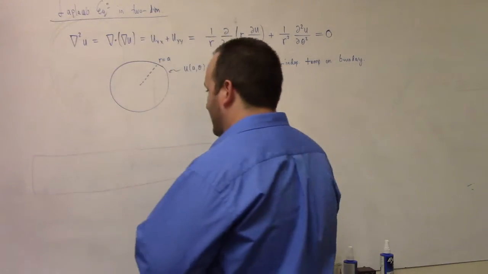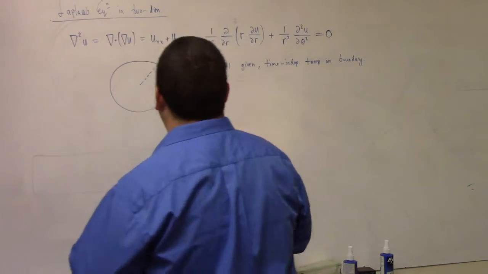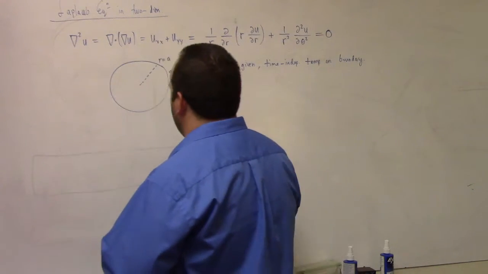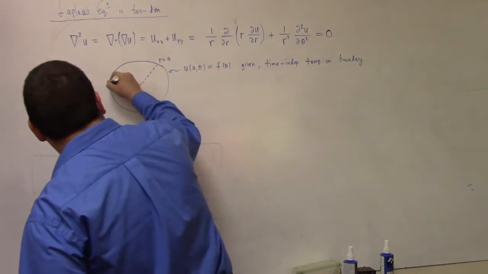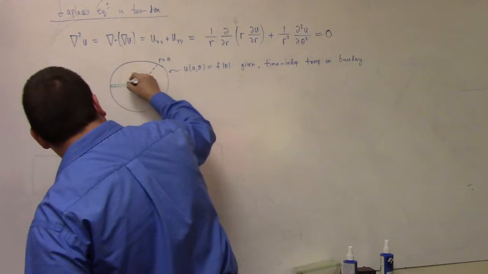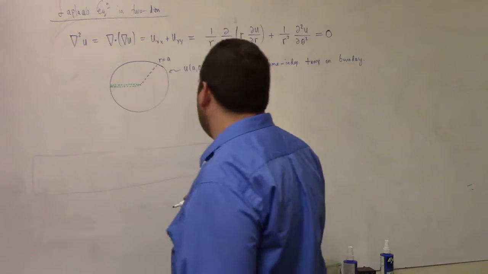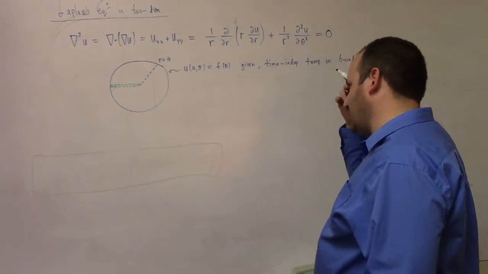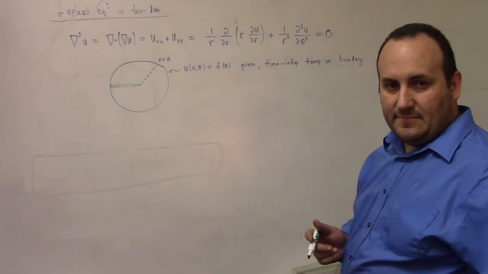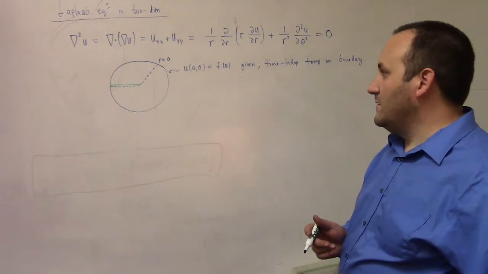I don't know if I like that though. I mean, you can think about cutting it here, and then you go from minus pi to pi.